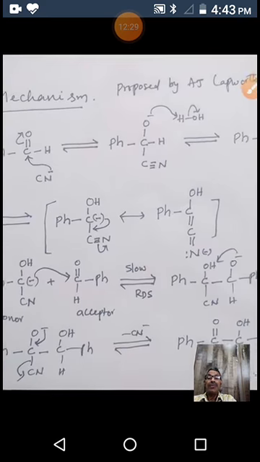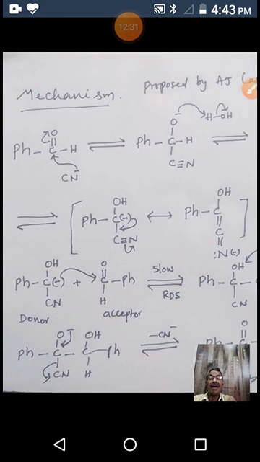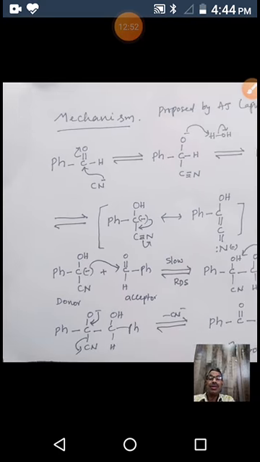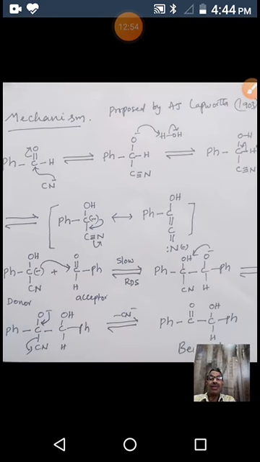In place of cyanide, if you take hydroxide or ethoxide, the reaction doesn't proceed considerably, because cyanide is a strong nucleophile and also a good leaving group. This reagent has to leave at the final step. That's why cyanide fits well for this reaction.